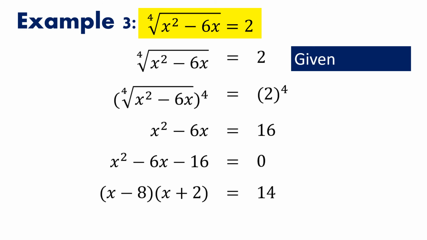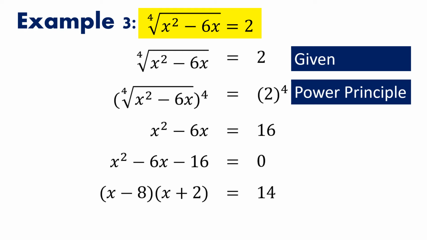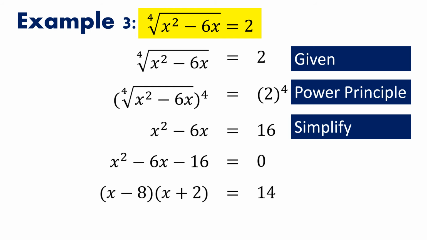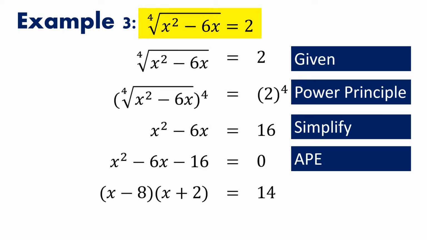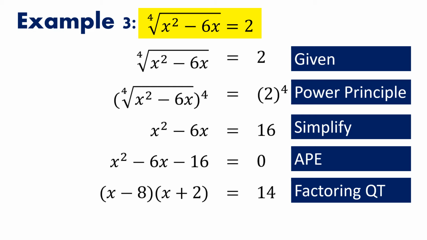In example 3, we are given the fourth root of x squared minus 6x equals 2. Again, we apply the power principle. We simplify and get x squared minus 6x equals 16. We apply addition property of equality. We subtract 16 from both sides of the equation. Then, we factor the quadratic trinomial.